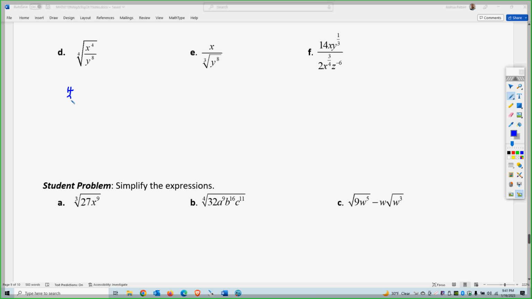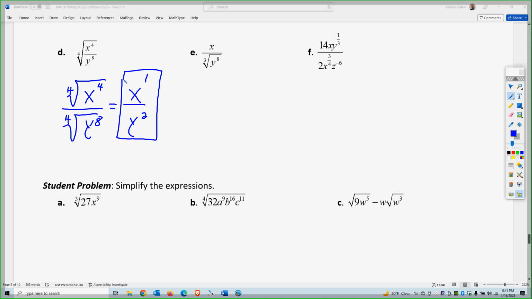So this is the fourth root of x to the fourth over the fourth root of y to the eighth. We can use our shortcut here instead of writing out 8 y's. So 4 divided by 4 is 1, and then 8 divided by 4 is 2. If you need to, you can write them out longhand, but that becomes painful.